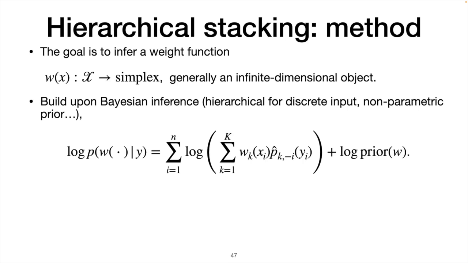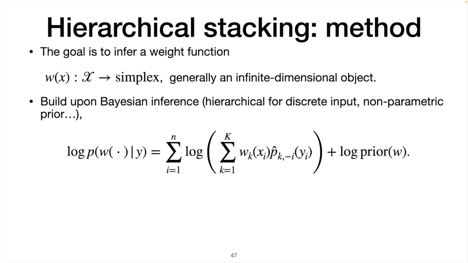But that's okay. We just run Bayesian inference, and you can incorporate any familiar Bayesian prior on this infinite dimensional function, such as a Gaussian process on W(x). This is how we run the inference. We compute the posterior.